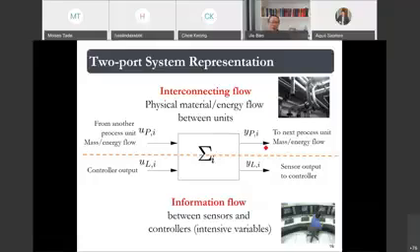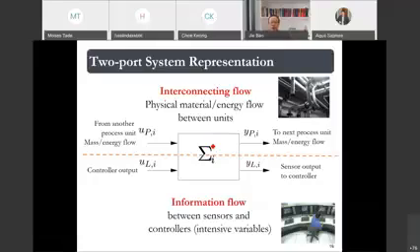Y_P,i represents the mass and energy flow leaving process unit i. Obviously we also have the manipulated variable, denoted as U_L here, and the sensors or controlled variables, denoted as Y_L here. So this is the representation of one process unit.